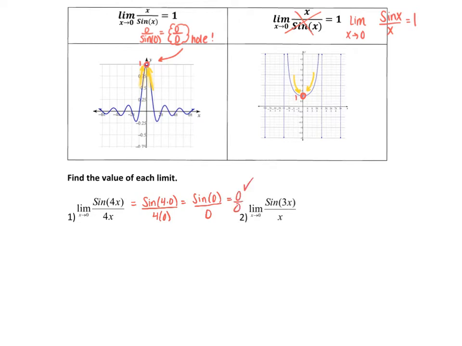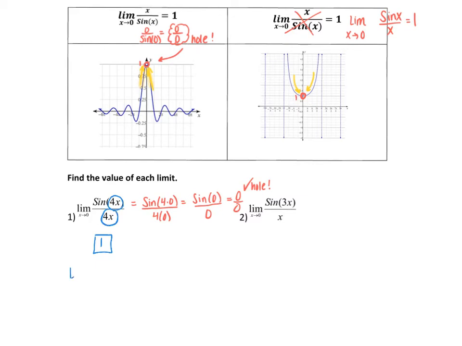So check, we have a hole. The only way out of a hole with trig is to use this definition. We know that sine of x over x is 1. So sine of 4x over 4x is also going to be 1, because it really doesn't matter what is in here, as long as it matches what's beneath it, the limit will still be 1.